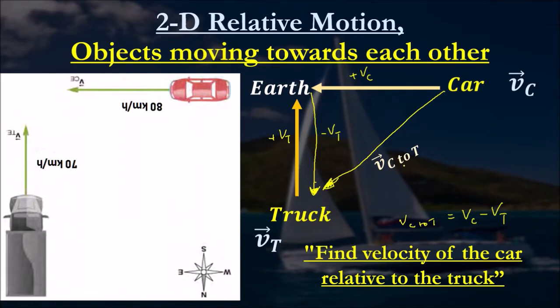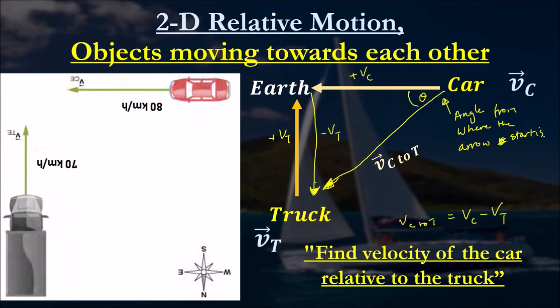Okay, so there's that. The next thing we need to look at is at what angle the car is actually coming towards the truck. So this is the angle we're going to be using. The reason being is the angle from where, let's call it, the arrows start. So where the arrows start, that's the angle we're looking at.